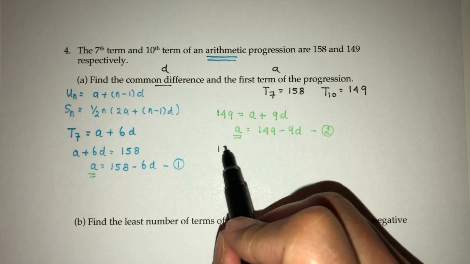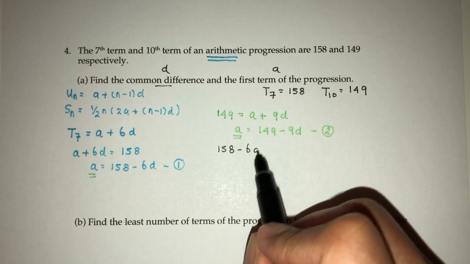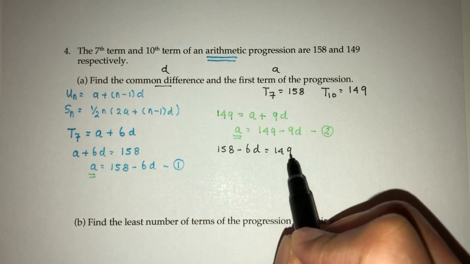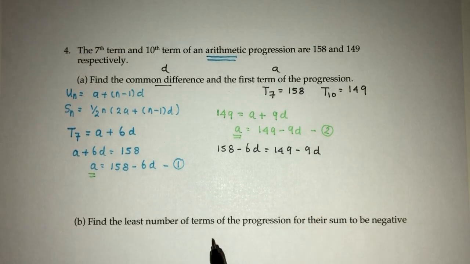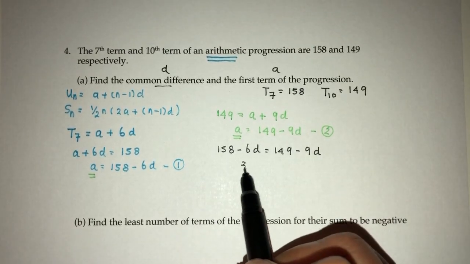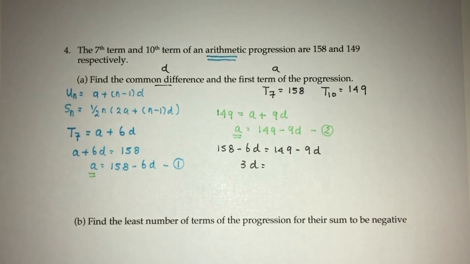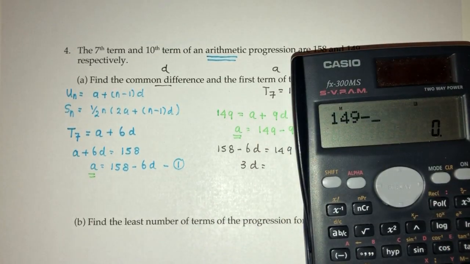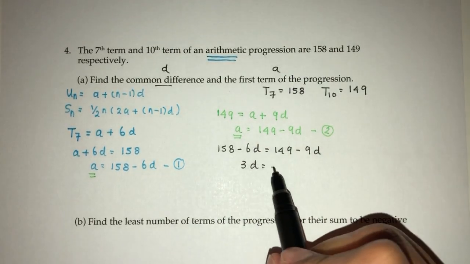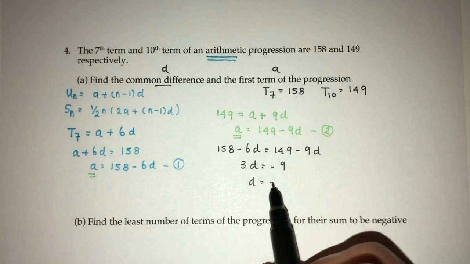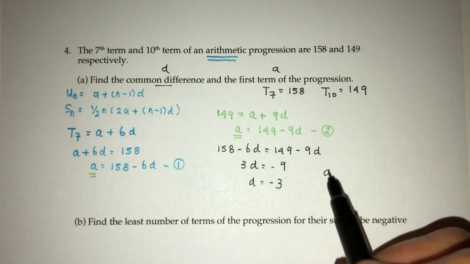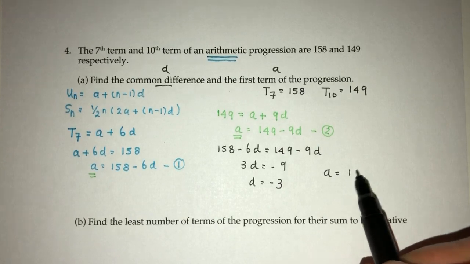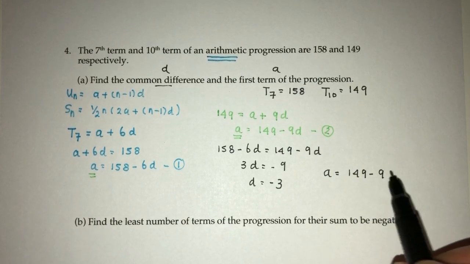So you will have 158 minus 6d equals 149 minus 9d. Send this over here, you will have 3d, and over here 149 minus 158 will be minus 9. So d will be minus 3, and a, the first term, will be 149 minus 9 times minus 3.